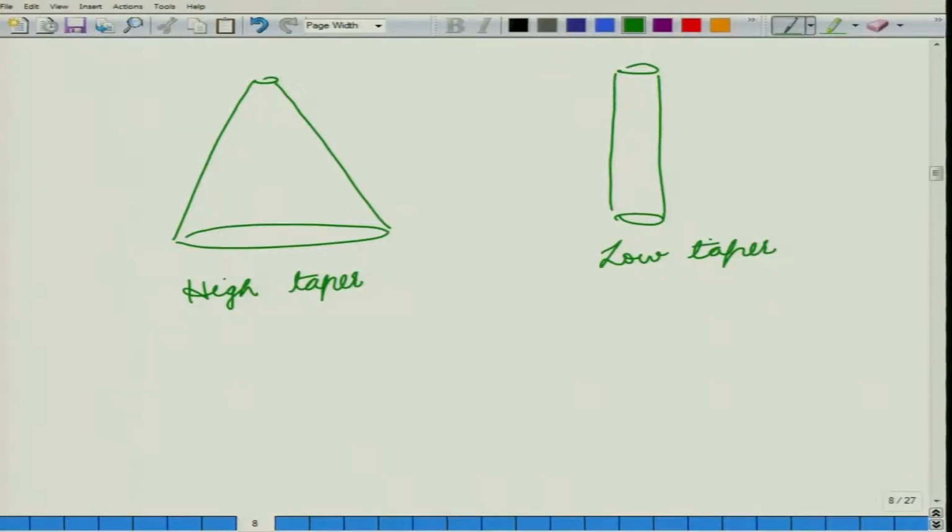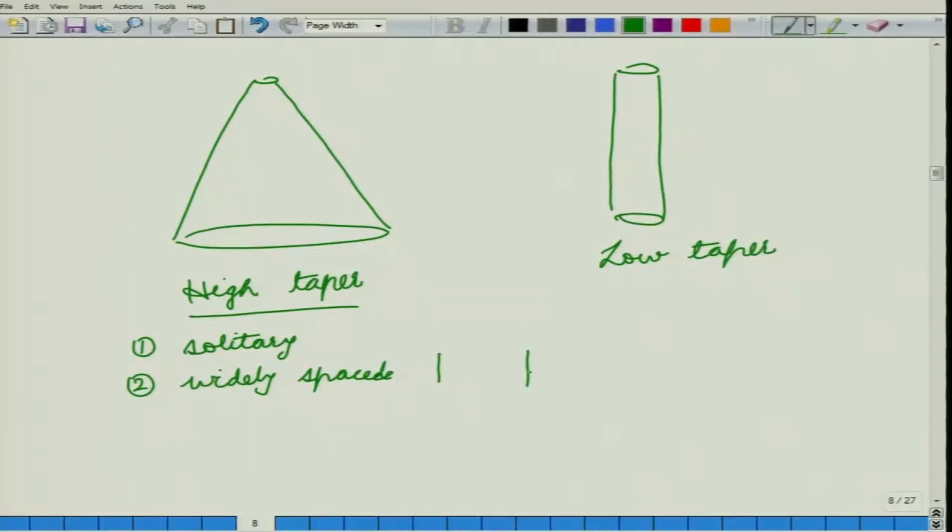Now, we say that a tree has high taper if it is solitary. So, solitary means that you have a single tree somewhere, or it is widely spaced, which means that if you have one tree here, the second tree is very far apart, here you only have one tree, or in heavily thinned stands.